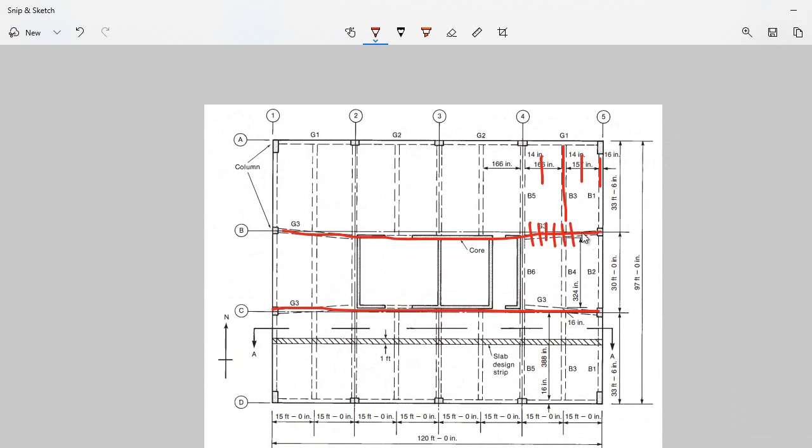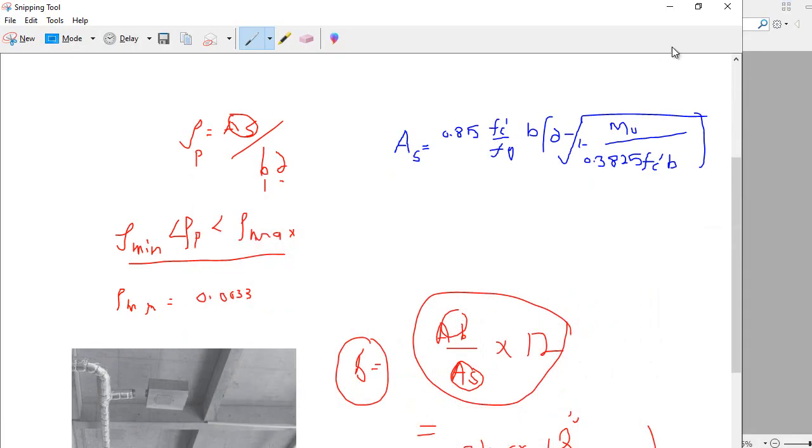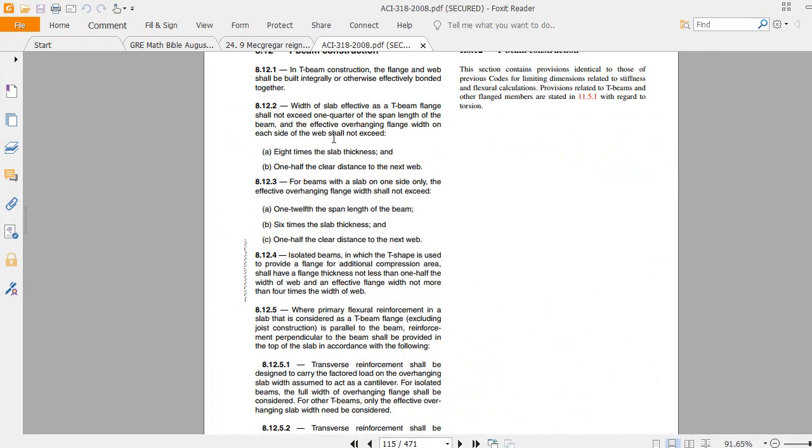This span, roughly 13 something clear span, divided by 4, or 8 times hf. So by using those coefficients, by these three criteria, remember, it shall not exceed 1/4 of the span length. Span length in this case is 33.5.